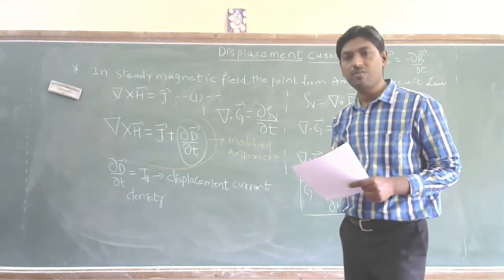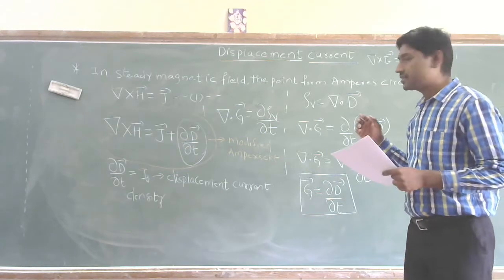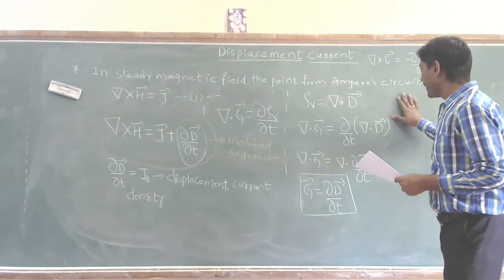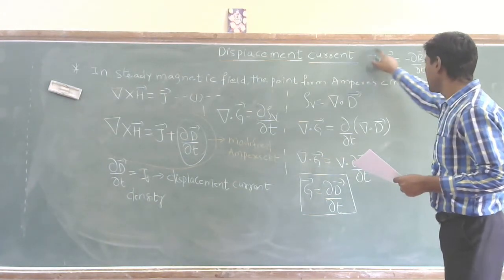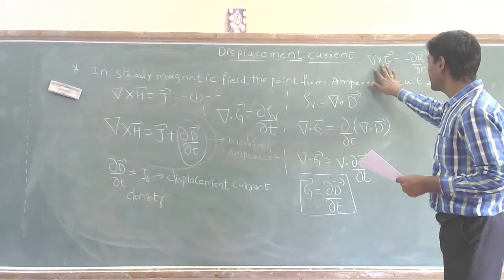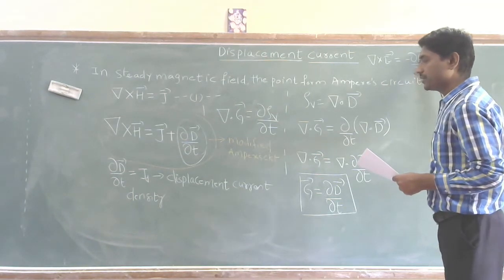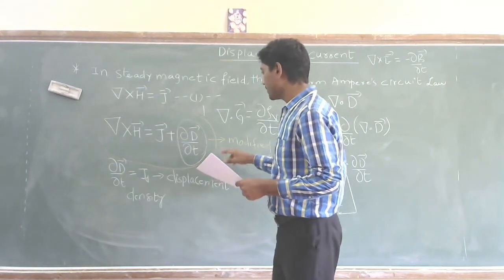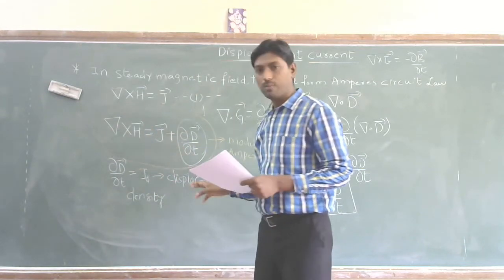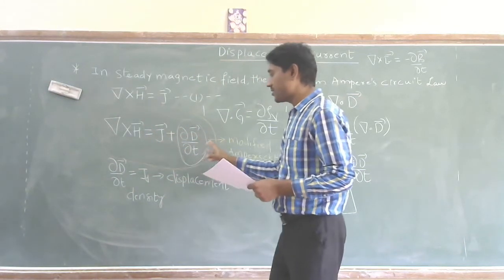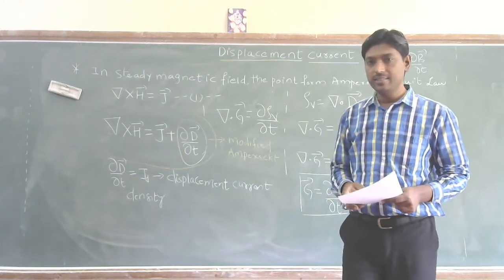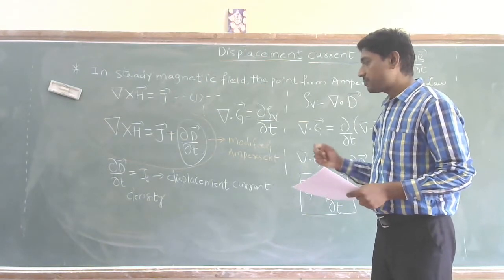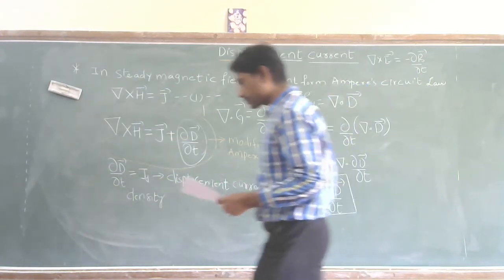One is del dot D, one more is del dot B. One more is del cross E and del cross H. And out of those four equations, we could see that the first curl equation got modified as curl of E equal to minus ∂B/∂t. Also this curl of H got modified as curl of H equal to J plus JD, and JD is ∂D/∂t. That is displacement current density.